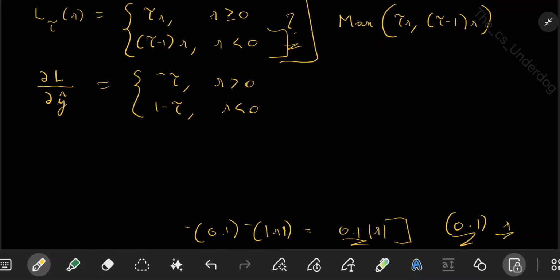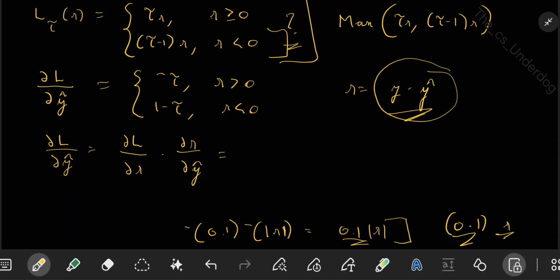Let us say I want to find del L by del y cap. I will apply the chain rule. I'll say del L by del R, R is the residual, into del R by del y cap. So what will I get as the value here? My R will be y minus y cap. If I take the derivative with respect to y cap, the answer will be minus 1, because minus y cap is here.